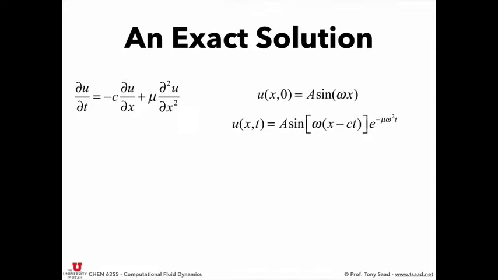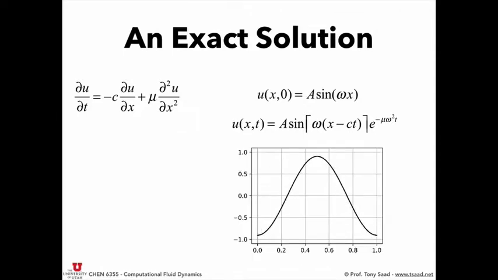Later on, we're going to look at this in way more detail, but the presence of omega squared means that if you had a higher frequency signal, say omega was 100 pi, it is going to dissipate much faster than a signal that has 2 pi. It's just an observation. Keep that in mind for the future. So this is what the solution looks like: it advects and just decays in time.